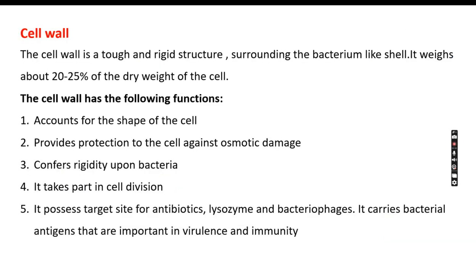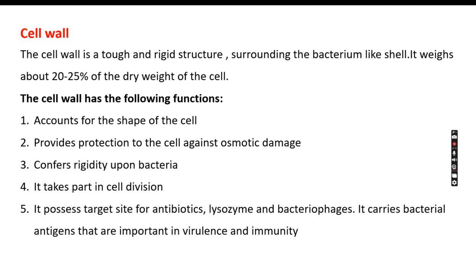The cell wall is a rigid structure, like an outer membrane for the bacterium, and it weighs about 20 to 25% of the dry weight of the cell. That means if you remove the water content of the bacterial cell, the cell wall weighs about 20 to 25%. These are the functions of the cell wall. It accounts for the shape of the cell, gives protection against osmotic damage, and gives rigidity.